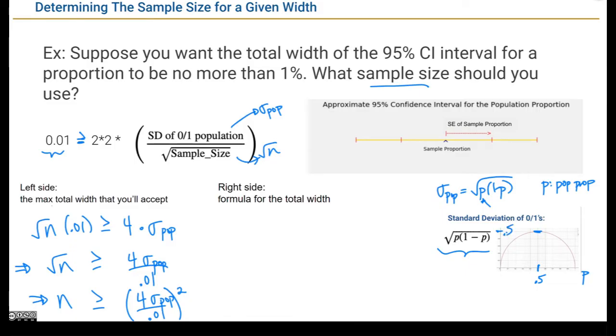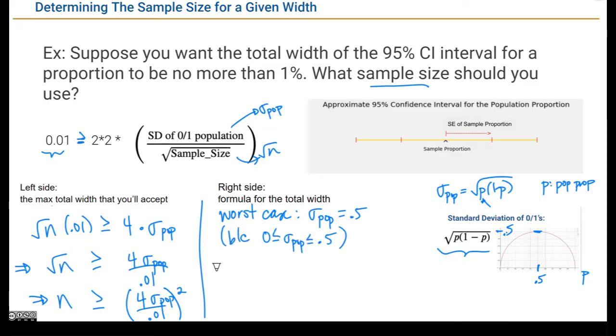So worst case scenario, this term is at most 0.5. And that's what we're going to use to help us figure out the sample size we should use, because we don't know what our standard deviation is, but in the worst case, the standard deviation is 0.5. That's the reasoning, and so let's use that.